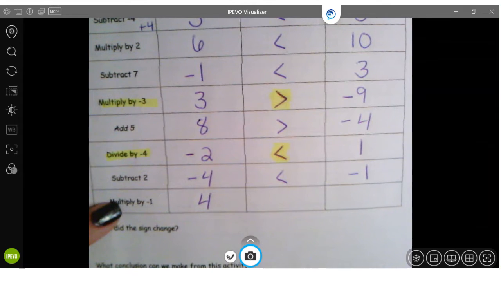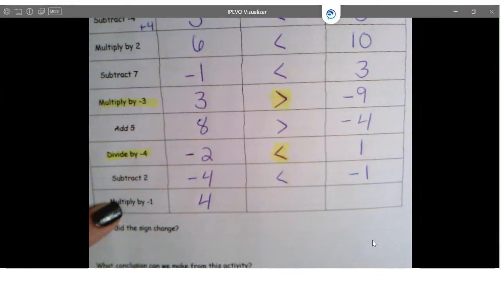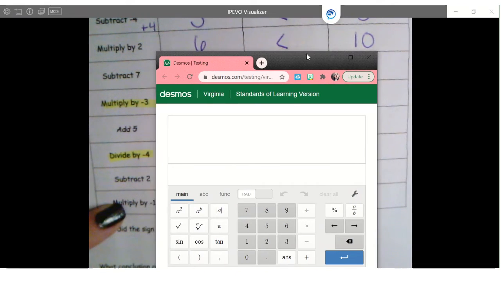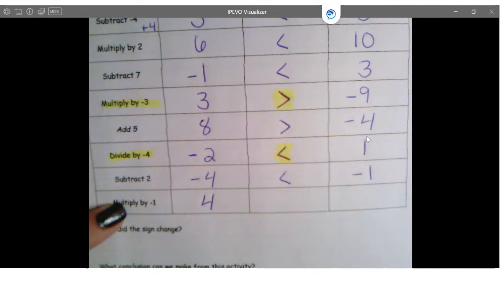And if you're a little stuck on all those negatives, you can pull up your Desmos calculator to help you. So just to show this in the calculator, if I have negative 4 and I multiply it by negative 1, I do get a positive 4. All right, and then our other value was negative 1 times a negative 1.